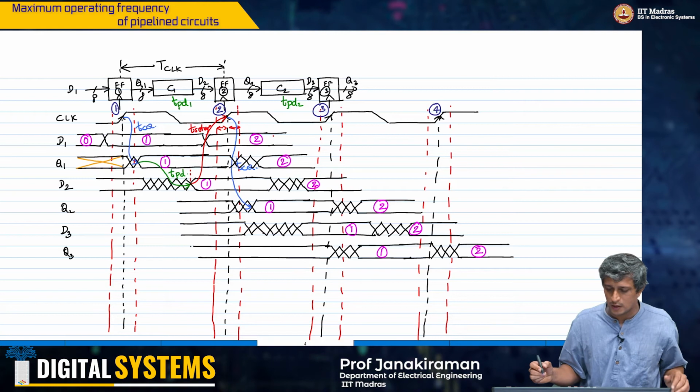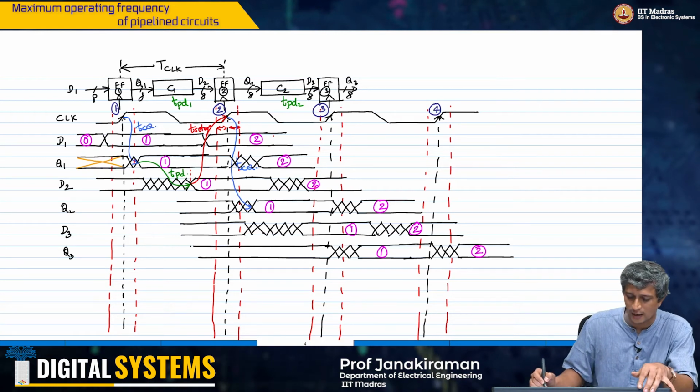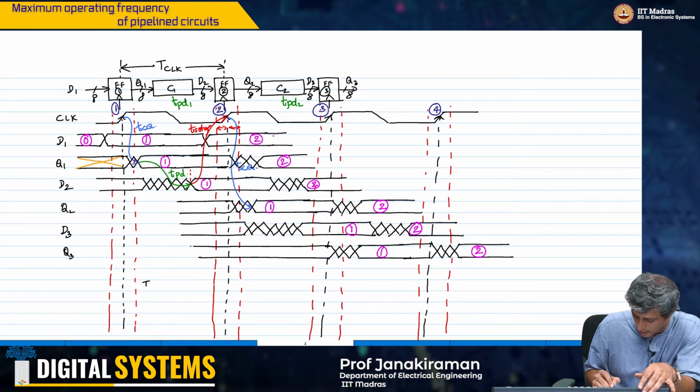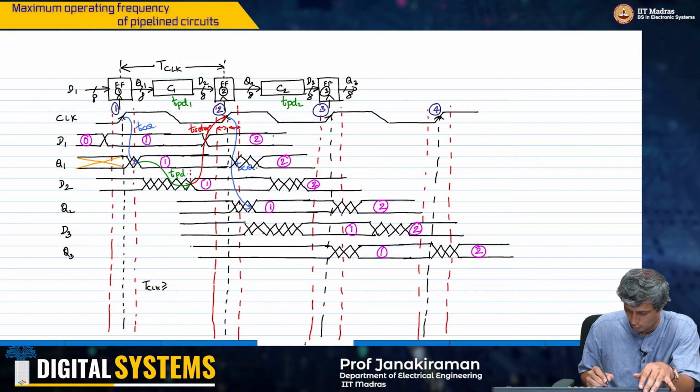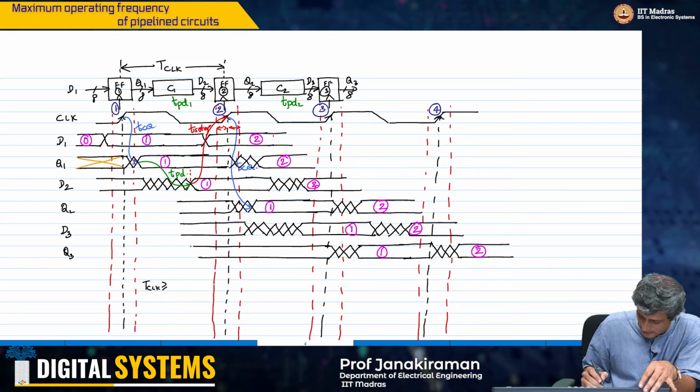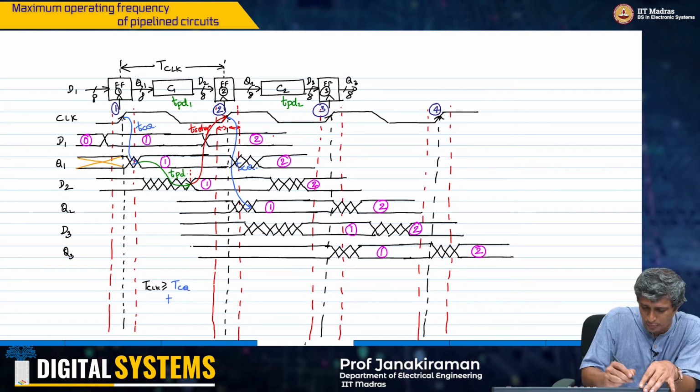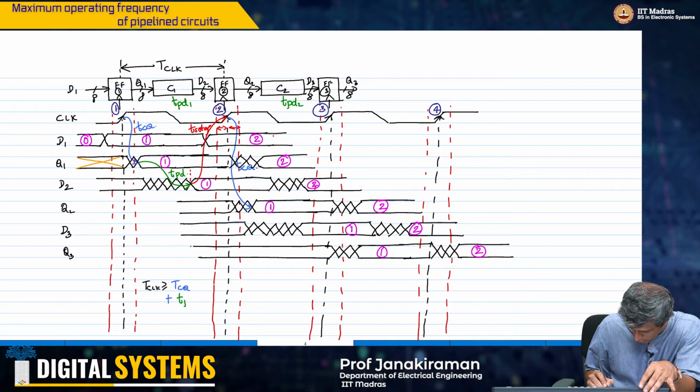Okay. Now, based on this, I can write one equation for the clock period. TCLK should be greater than or equal to TCQ, plus the TPD, plus the T setup.